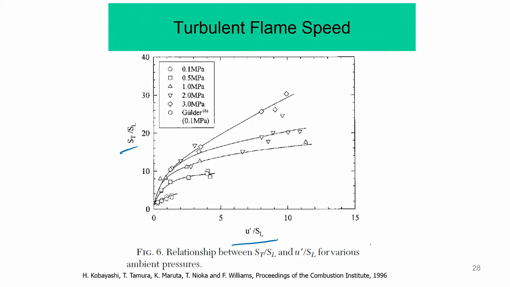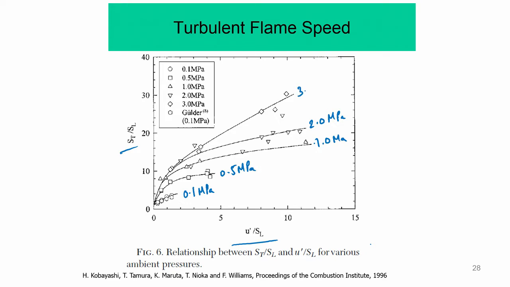You see that all of these curves have a bending behavior. They bend after increasing, and what we see is that as pressure increases, ST by SL increases. This is at a pressure of 0.1 MPa, this is at 0.5 MPa, this is at 1.0 MPa, and this is at 2.0 MPa.